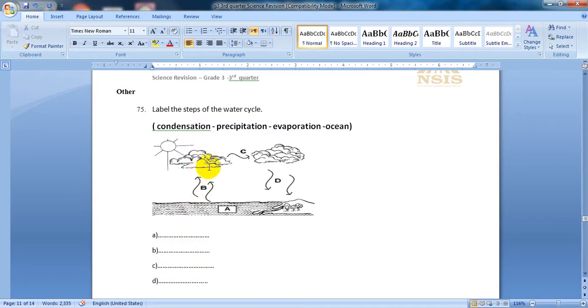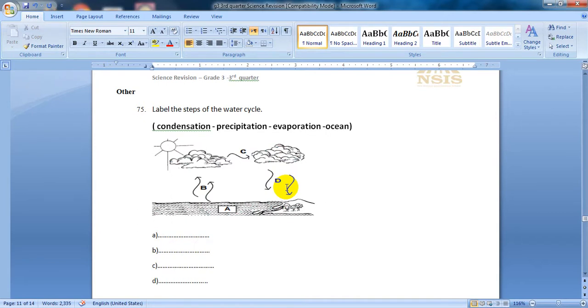The higher it gets, the cooler the air is, so this gas or water vapor will change to liquid water, forming clouds in a process which is called condensation. When these clouds are so heavy, the air cannot carry them anymore, so they will start to fall in the shape of precipitation. And this precipitation takes one form of rain, snow, sleet, or hail.